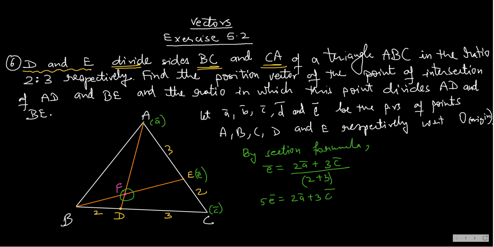We are not solving for E or D. Though we are given that these points are dividing, we are working for F. Now, how do I go there? You will understand in a while.